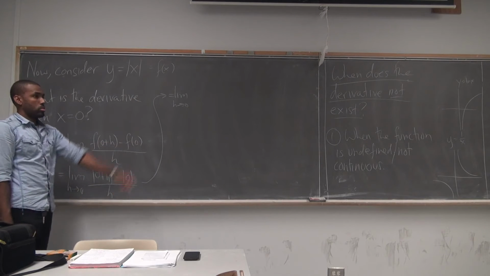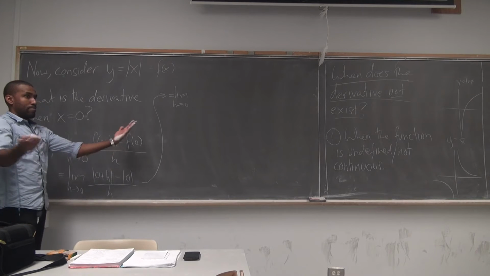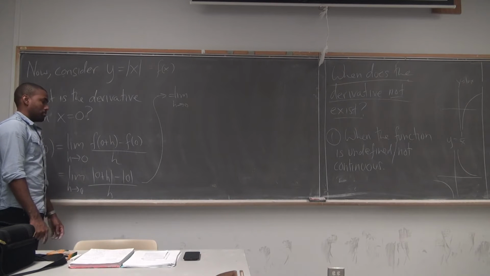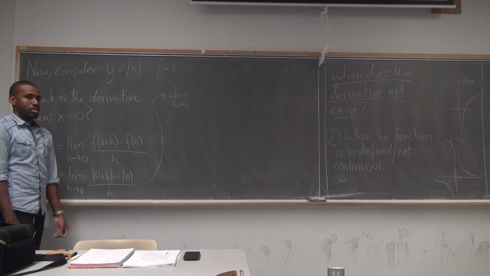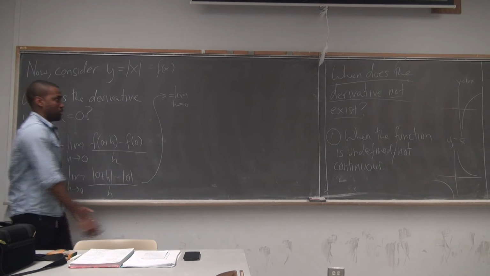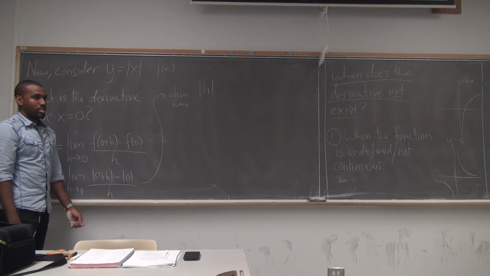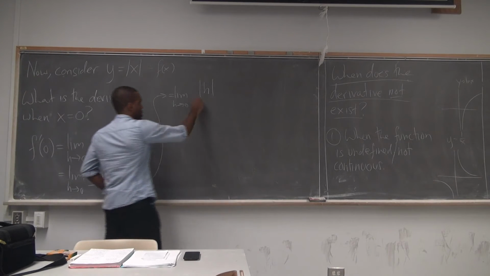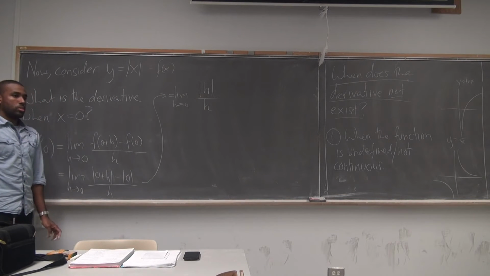What does this simplify to? Come on, talk, don't be shy. Zero plus h is? So what do I have left here? Absolute value of h, okay. Absolute value of 0 is 0, so I don't have to write anything. In the denominator, what do I have? H. So I have absolute value of h over h. Now what is that limit as h goes to 0?